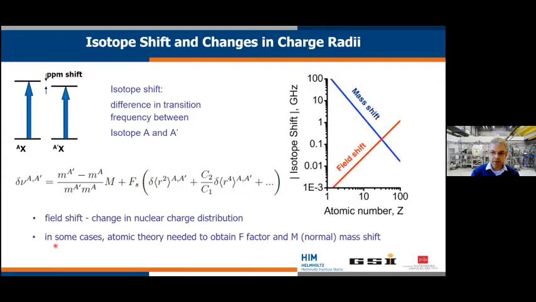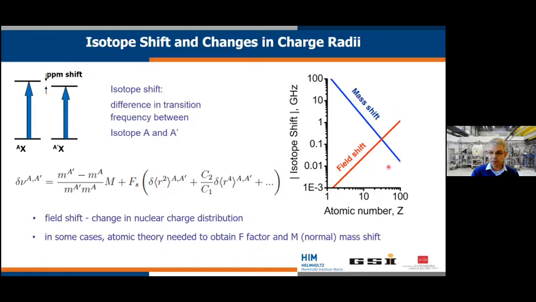The other point that I wanted to mention briefly: if you look into these different parts, the mass shift and the field shift, in this case plotted as a function of the atomic number, you see that one goes up and one goes down. The field shift, from the nuclear point of view, is usually the one that contains the information on the nuclear structure. And so this is indeed the one that we normally want to obtain.